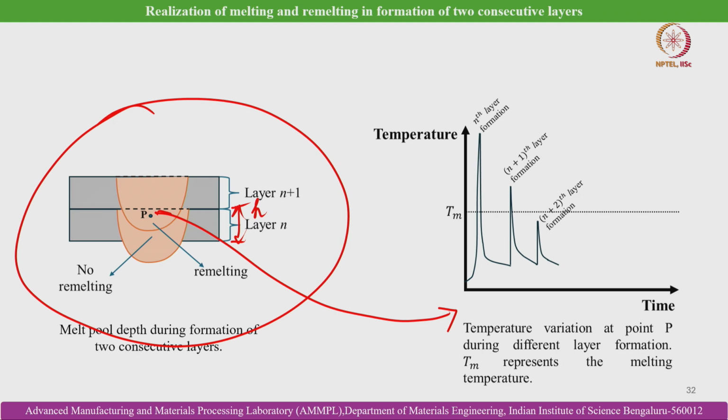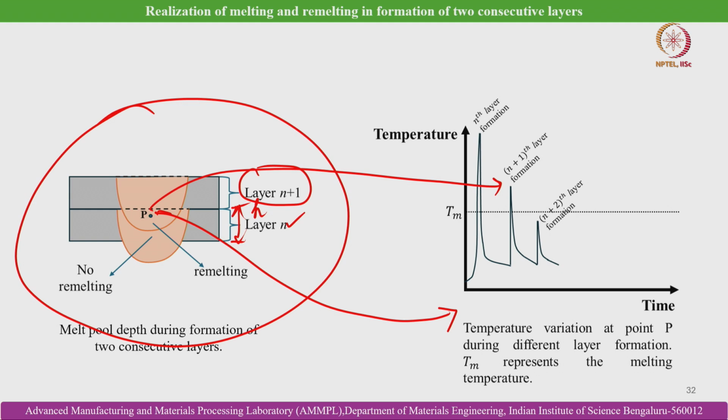As you can see, for the nth layer, when the nth layer is deposited, because it is in liquid state, the temperature goes substantially higher than Tm, and then goes down when it undergoes solidification, and when layer n plus 1 gets deposited, as I told you earlier, some depth of the previously deposited layer, the solidified microstructure, undergoes remelting. So, you can still see that at point P the temperature goes beyond the melting temperature even when the second layer is getting deposited, and then it cools off during solidification.